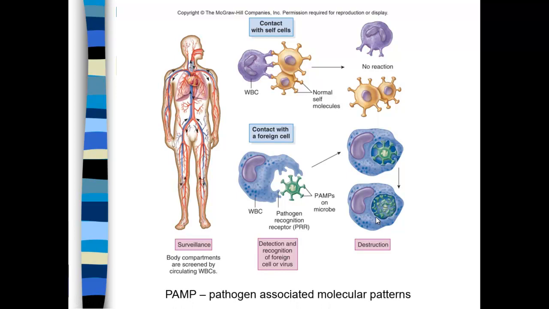Okay, and a PAMP is a pathogen-associated molecular pattern. Those are just molecular patterns that the body has already previously trained. This is in the second line of defense, not the first, but the body has been previously genetically programmed to see these particular molecular patterns and recognize these molecular patterns as foreign.